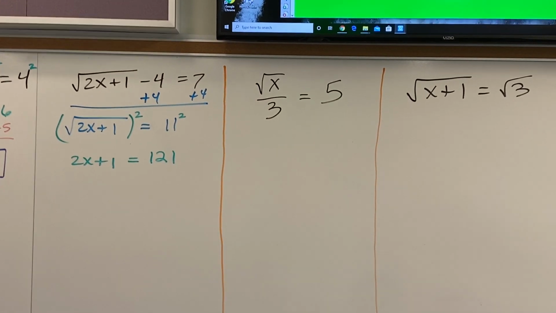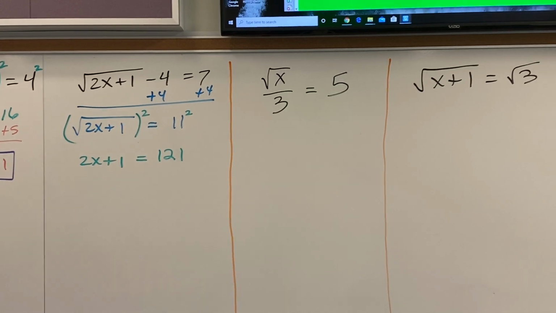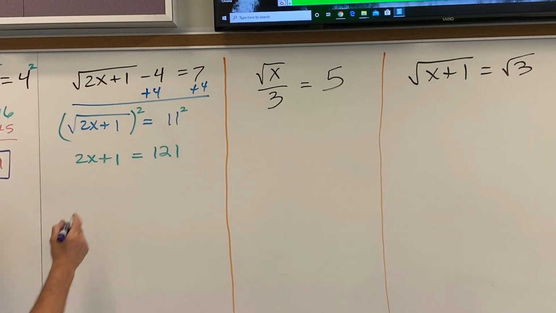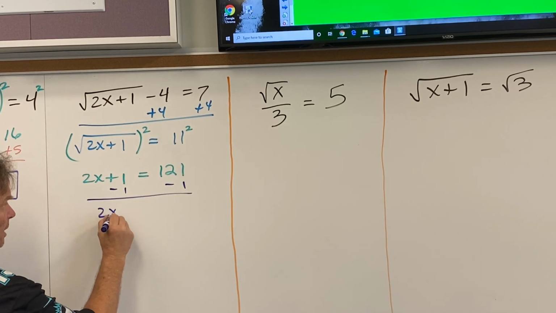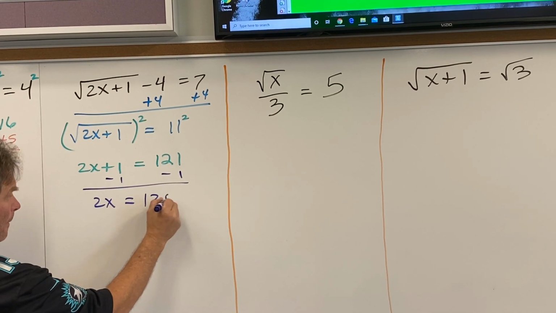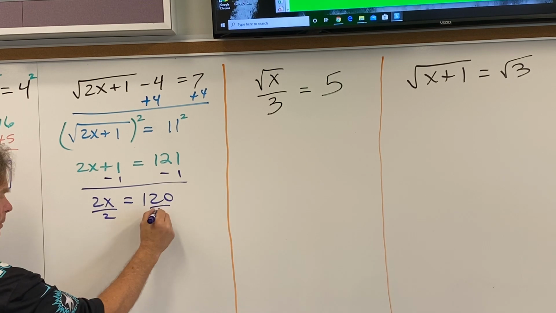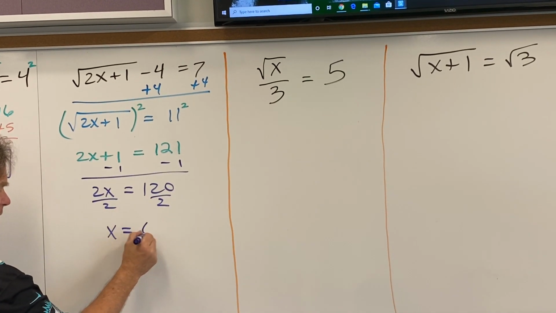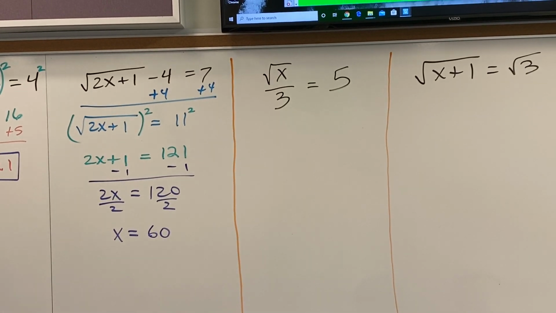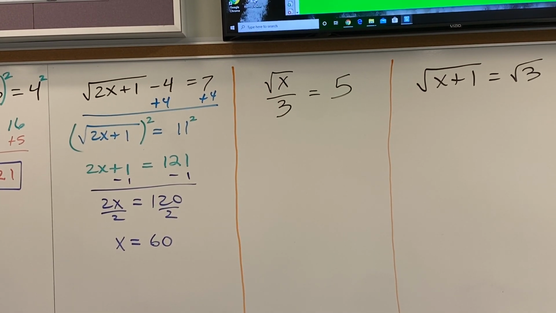And then I'm going to subtract 1 from both sides and I'm going to get 2x equals 120. Divided by 2, X is 60, which is my potential solution.